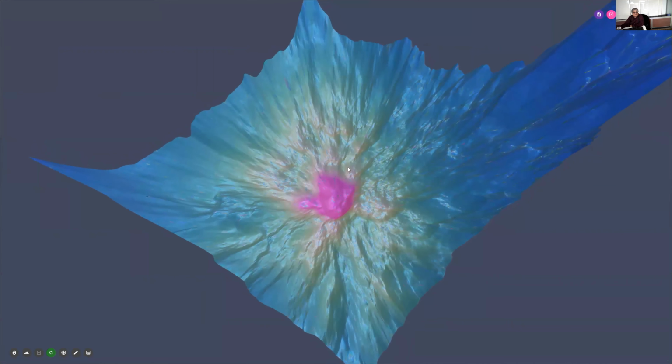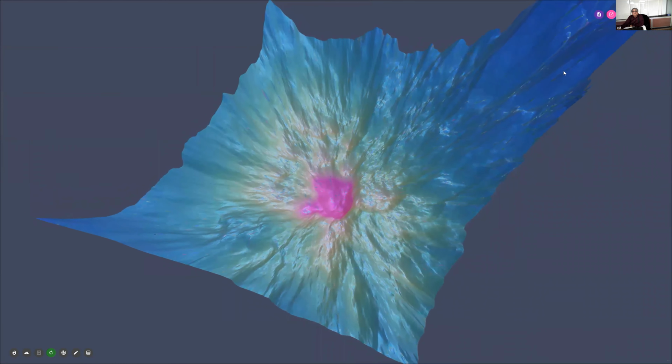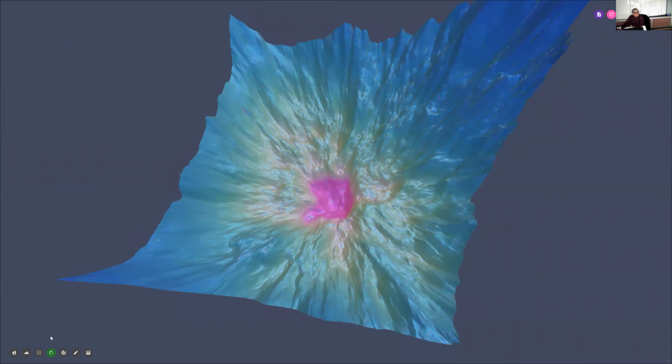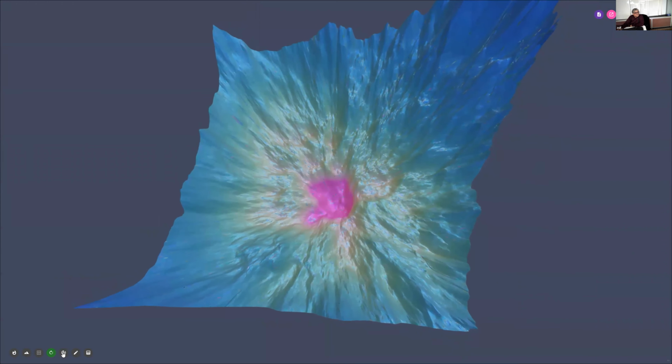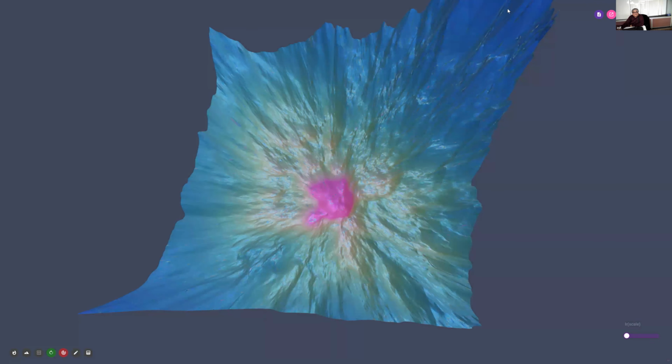Where is the minima? The pink is the minima, and the deep blues are the highs. Let us actually do gradient descent. So let's start descending from here.